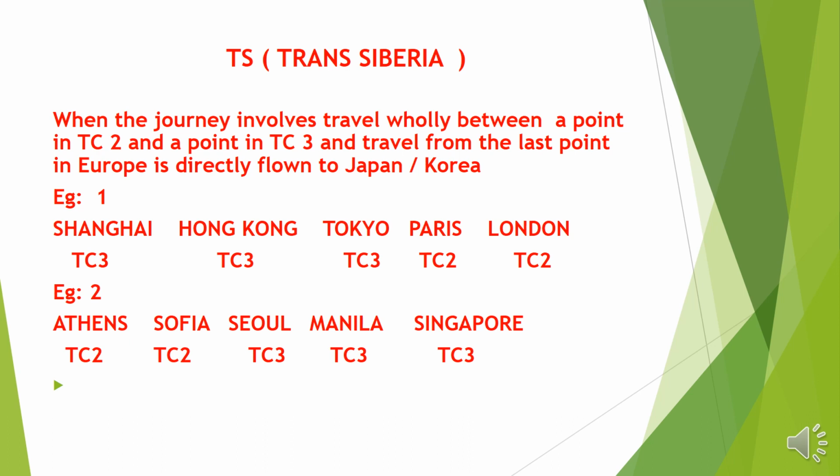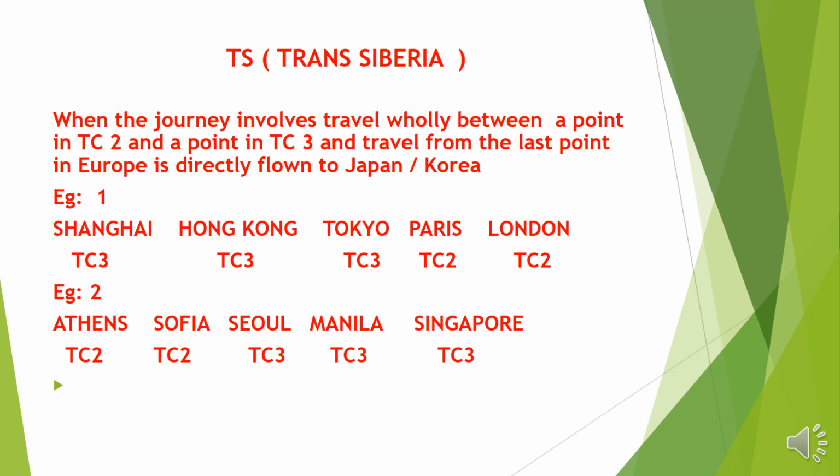And if the journey originates in TC3 from Japan or Korea, the passenger should be flying to any point in Europe directly. Only then it can be termed as TS, and these are the two criteria. 1. There should be Japan, Korea on the journey, and the passenger should be traveling to and from Japan or Korea directly from a point in Europe.